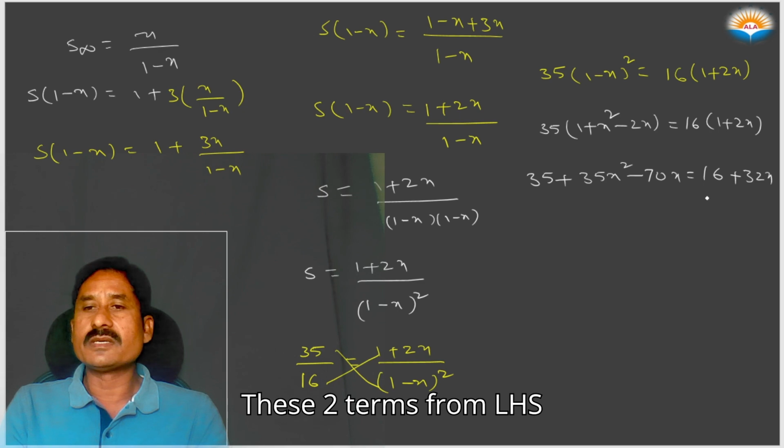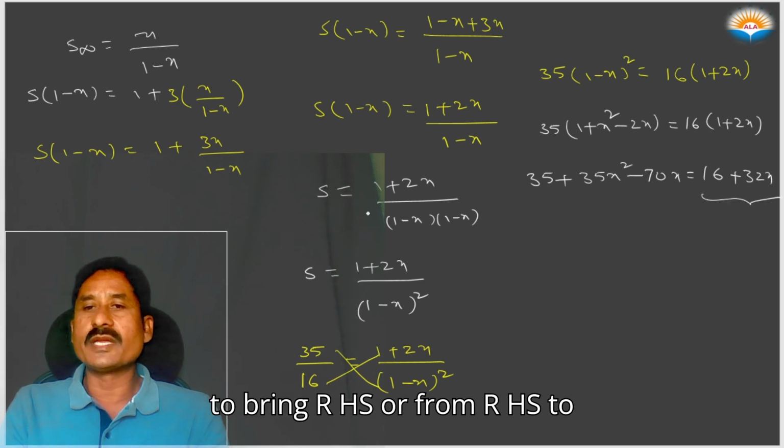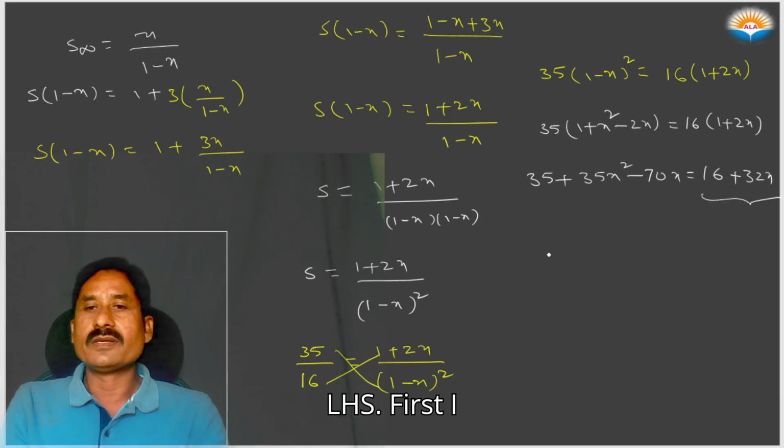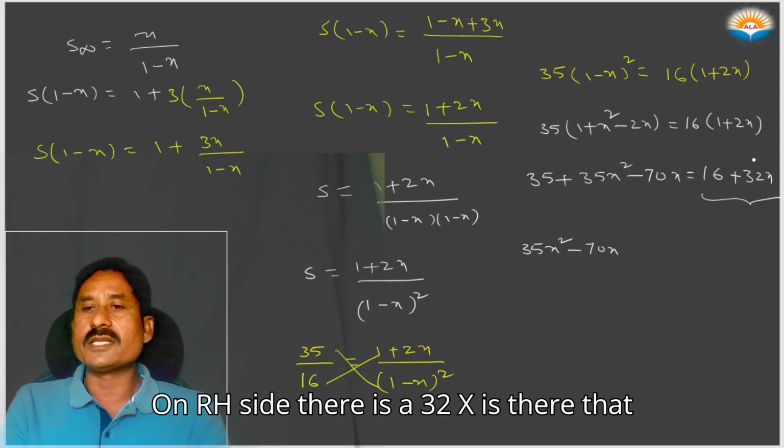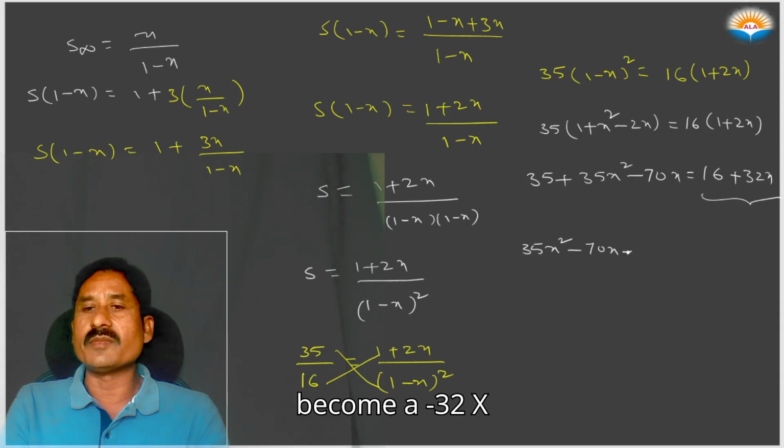These two terms from LHS we bring to RHS, or from RHS to LHS. First I write the x square term, 35 x square minus 70x. On the RHS side there is a 32x, that becomes a minus 32x, plus here 35 is there.